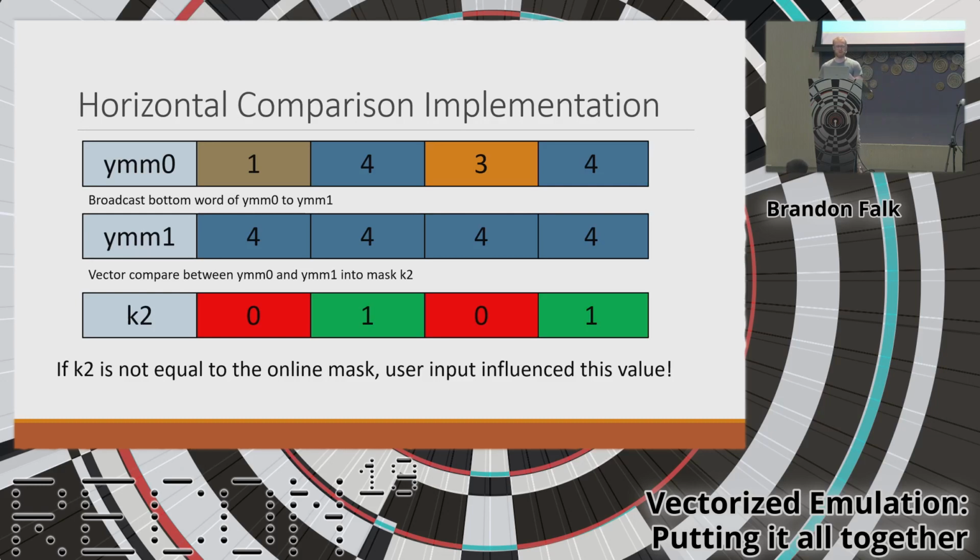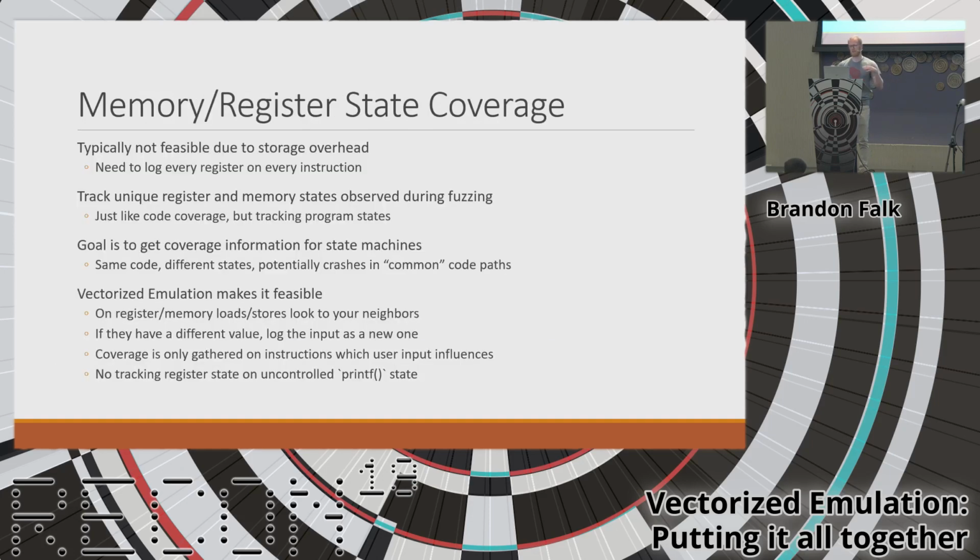I can just perform a vector compare, and now I get a mask telling me which VMs have the same value in them. By doing this, I'm able to determine when VMs have different values in their registers or are taking different branches. And this allows me to compress down that coverage information.